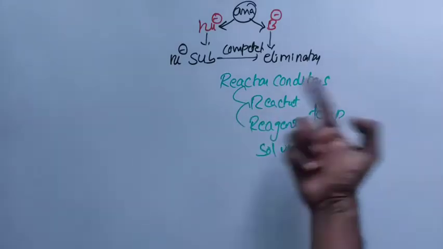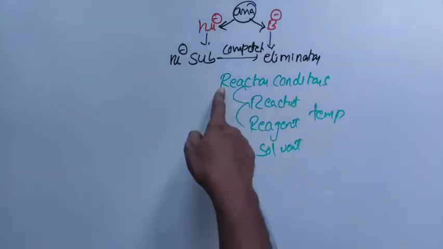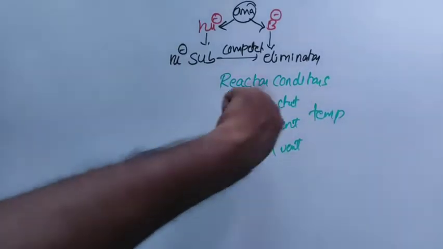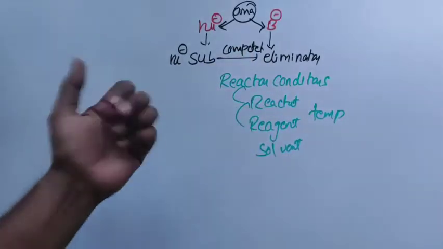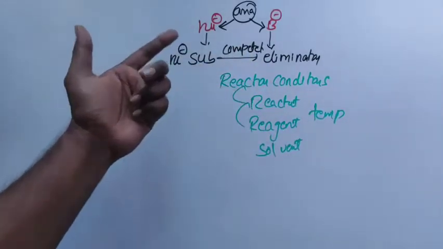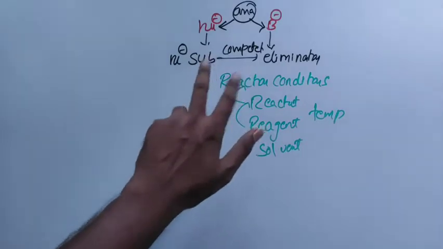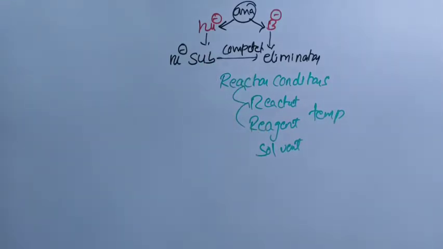All of them together comprise the reaction condition. So based on this reaction condition, we will decide which of them is going to win the race. But they are always competing with each other. So this is the last point of nucleophilicity versus basicity.